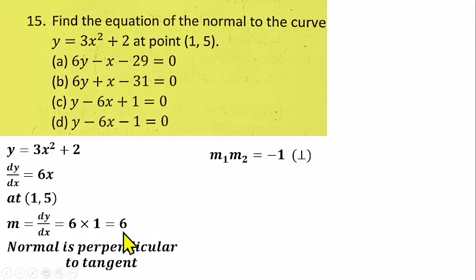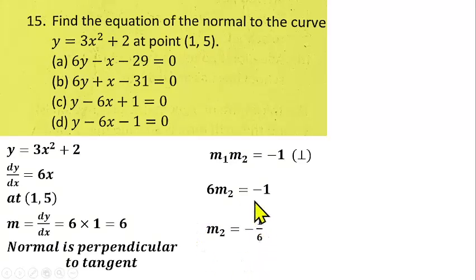We know the gradient of the tangent at the point of tangency, so we can now find the gradient of the normal that we are looking for. By substituting the 6 we have gotten here, we have 6 m2 equals minus 1. So your m2 will be minus 1 divided by 6, that gives us minus 1 over 6.